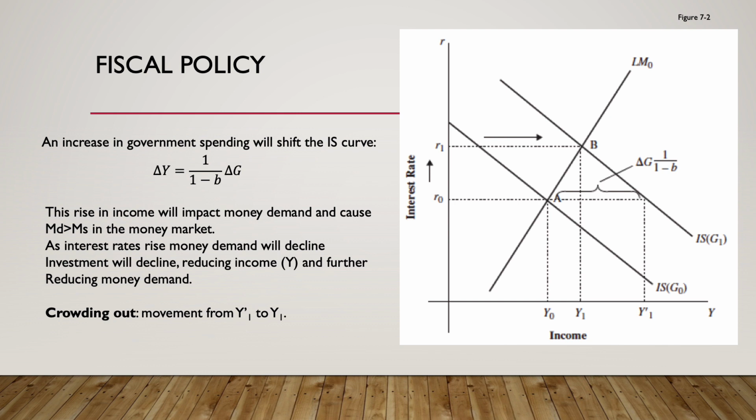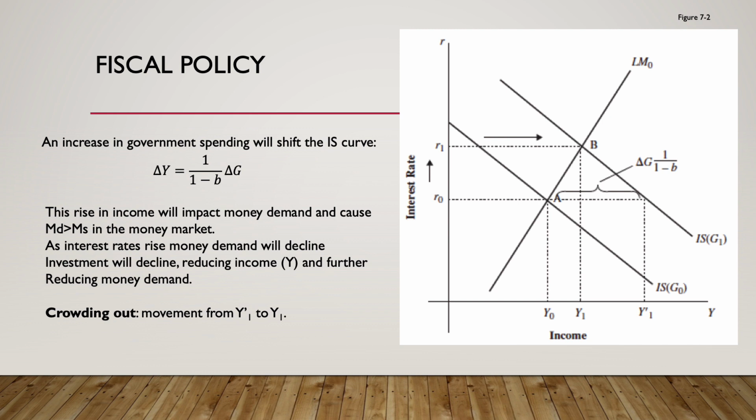Here there are two forces restoring equilibrium in the money market. The disequilibrium was excess money demand, and it's rising interest rates and falling income that are restoring equilibrium. Here we begin moving up the IS curve, ISG1, as interest rates rise and investment declines.